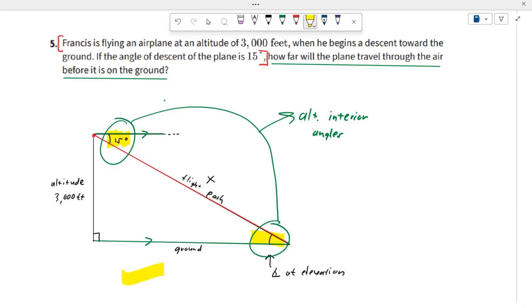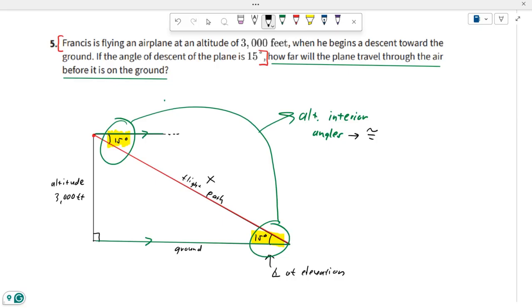The outside is like this area and like this area, right? So they're alternate and they're interior, so they're alternate interior angles. And alternate interior angles are congruent. They have equal measures. So if the angle up top, the angle of descent, is 15, it means that the angle of elevation down here has to also be 15.